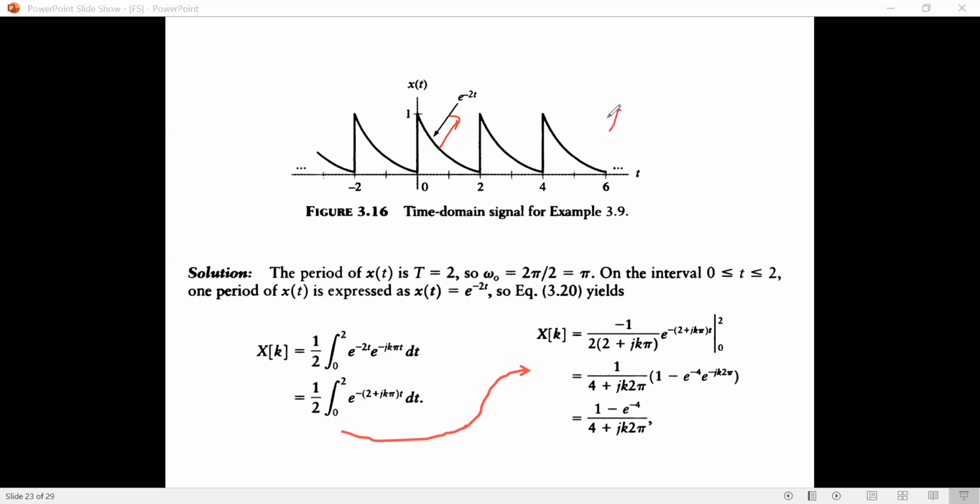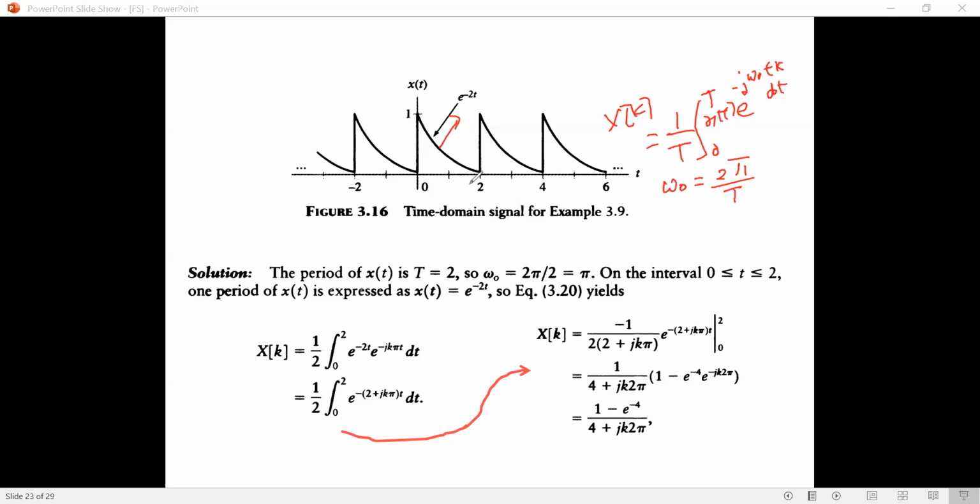And that xk is equal to what? xk is equal to 1 over T, the time period, integration over 0 to T, over the time period, of the signal multiplied by e to the power minus j omega 0 k t dt, where k is your harmonic number, and omega 0 is the fundamental angular frequency defined by 2 pi over T, where T is the fundamental period of your periodic signal.